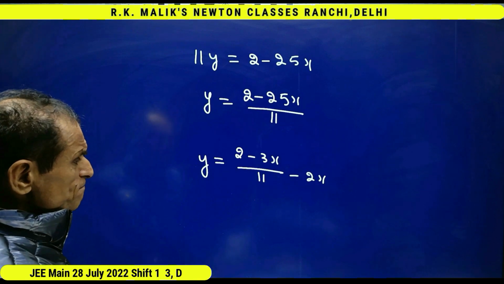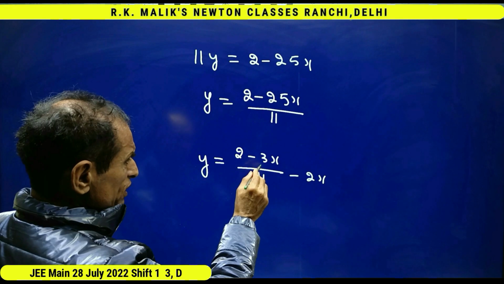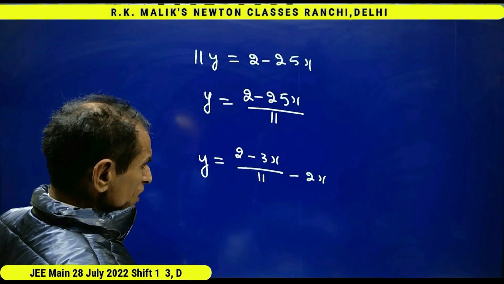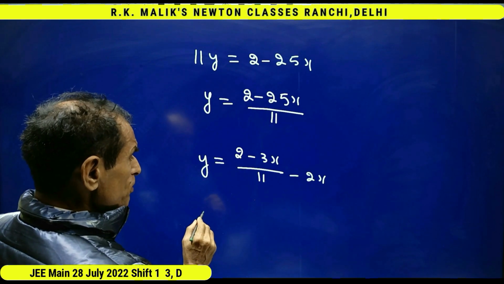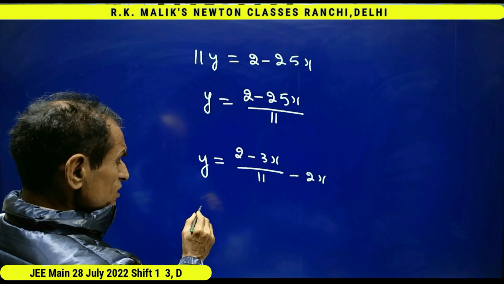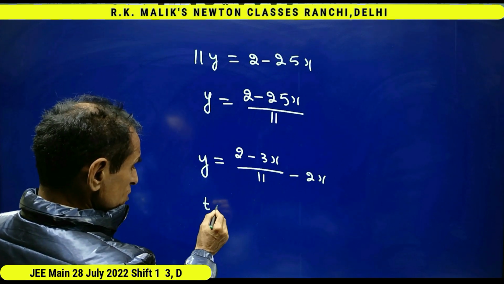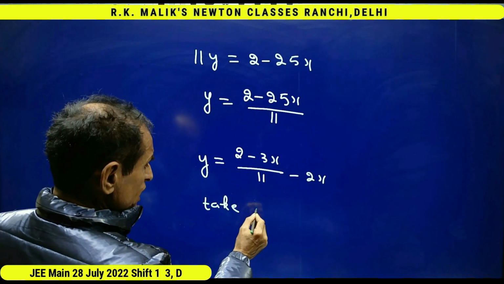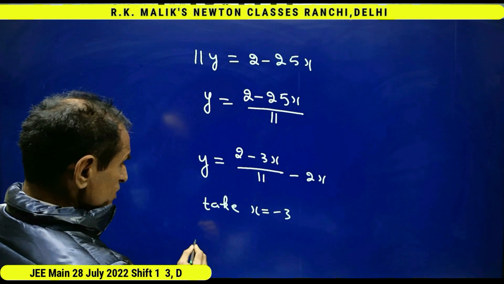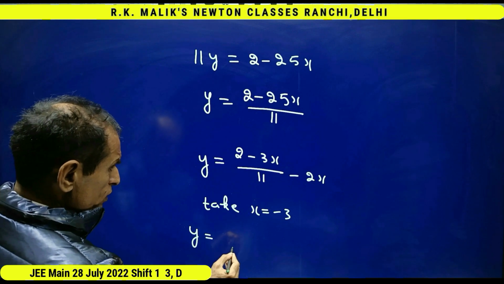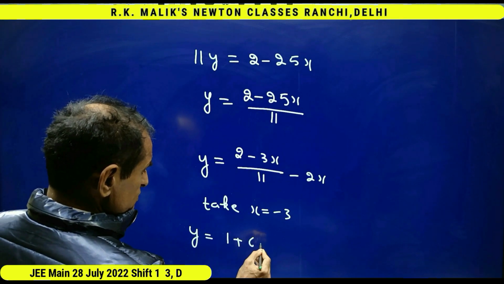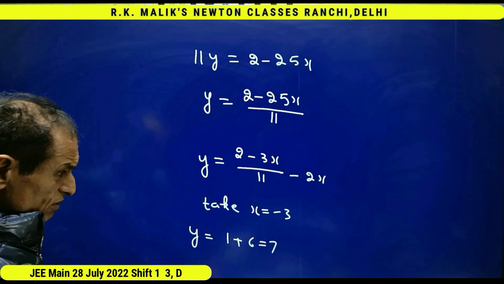See, it is clear that if I take x equal to minus 3, then the value of y you will be getting is an integer. I get the value of y as 1 plus 6, that is 7.